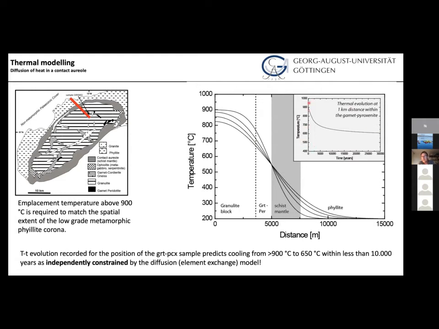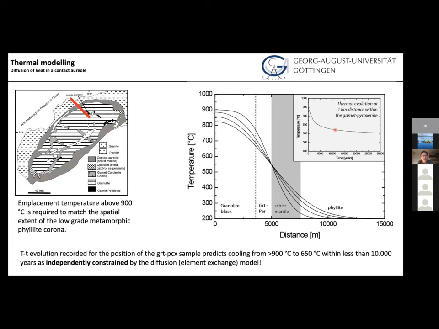And you can nicely see that you have a quite quick drop down to the 600 degrees in less than 10,000 years, as we would expect as we have modeled this for the element diffusion. So this really nicely fits, and it's a completely independent constraint, and both of them are actually telling us the same story, that we have some sort of isobaric cooling taking place.